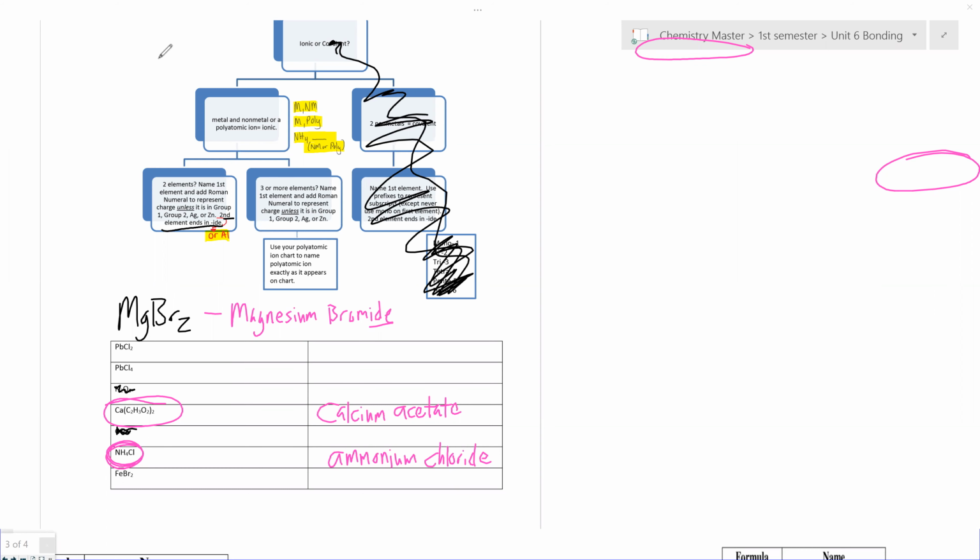Notice this one was magnesium and this one was calcium. Those are both in group 2. We know the charge for that. That's fine.